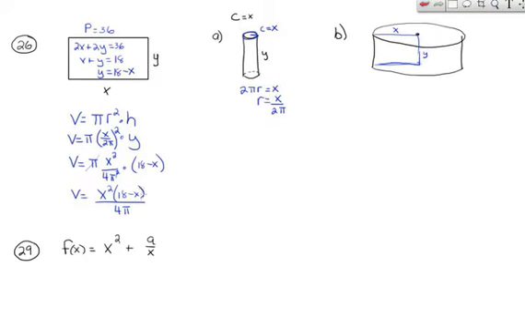And we'll probably want to simplify this a little bit further, but we'll save that for possibly another video. So there's my volume equation. Take the derivative, find the max, find the min. Well, not the min, just the max.